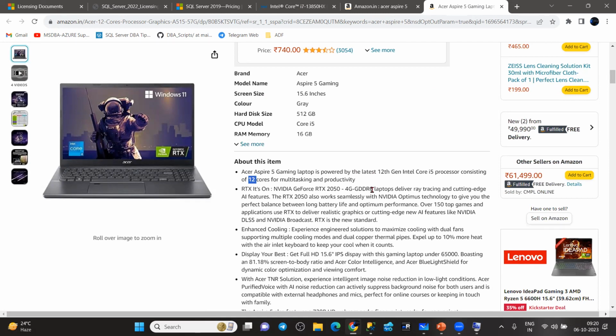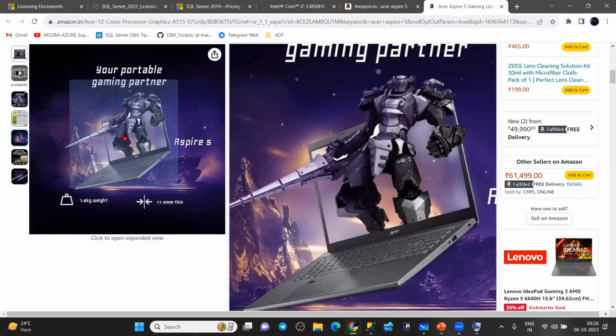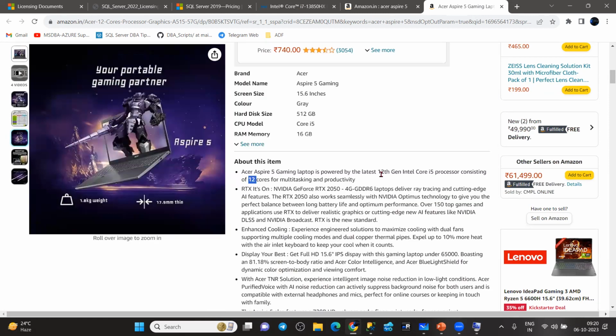So how many cores you are getting in this laptop is very important, especially when you go for a SQL license. Why are we discussing all this? Because your license depends on your cores, whether it is cloud or on premises.